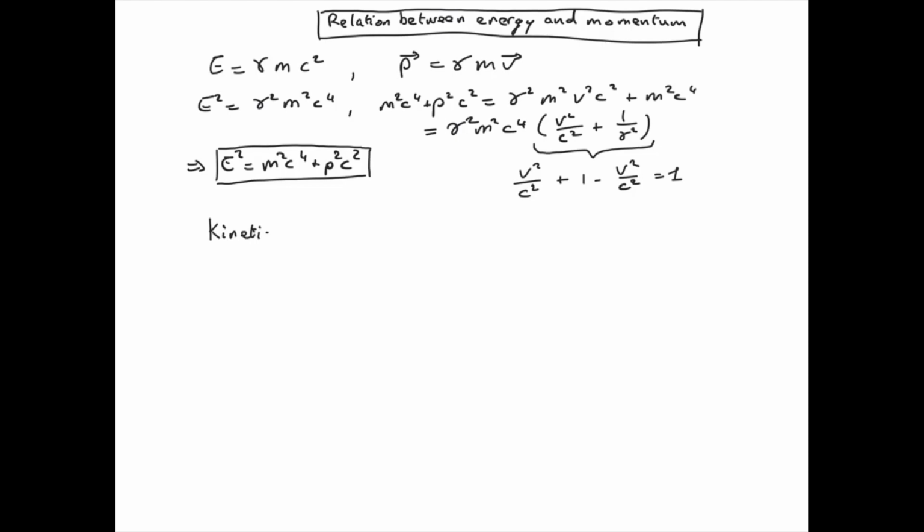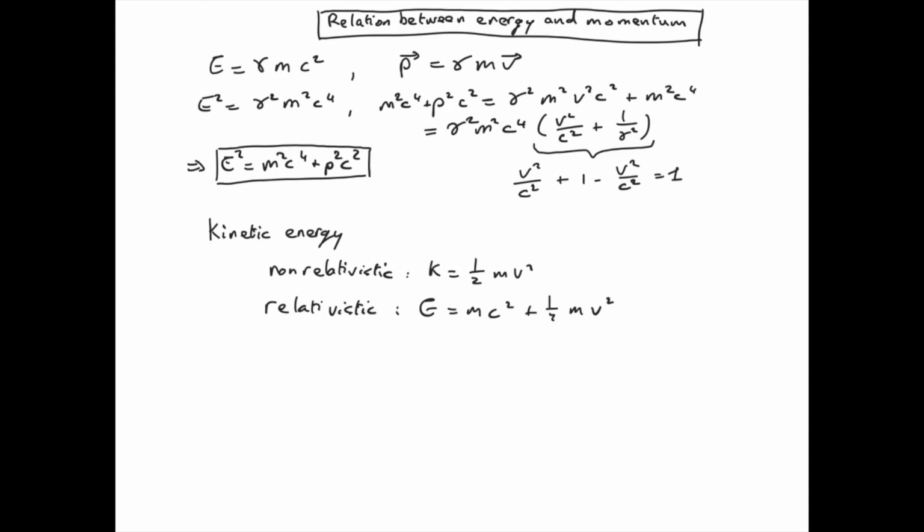So for non-relativistic systems, the kinetic energy is just half mv squared. But we saw that for a relativistic system we also have a mass energy term, and half mv squared is only a small velocity limit of the kinetic energy. So we will use the same definition of the kinetic energy as the difference between the total energy and the mass energy mc squared.